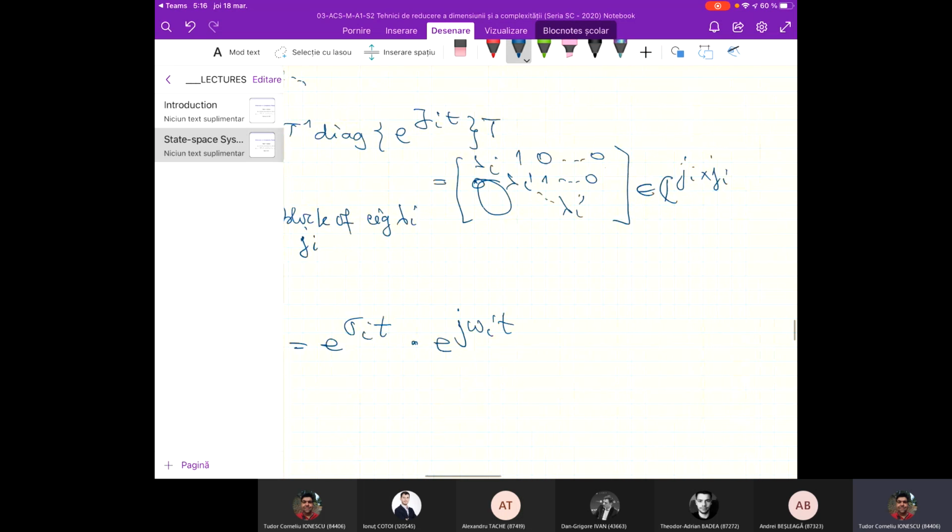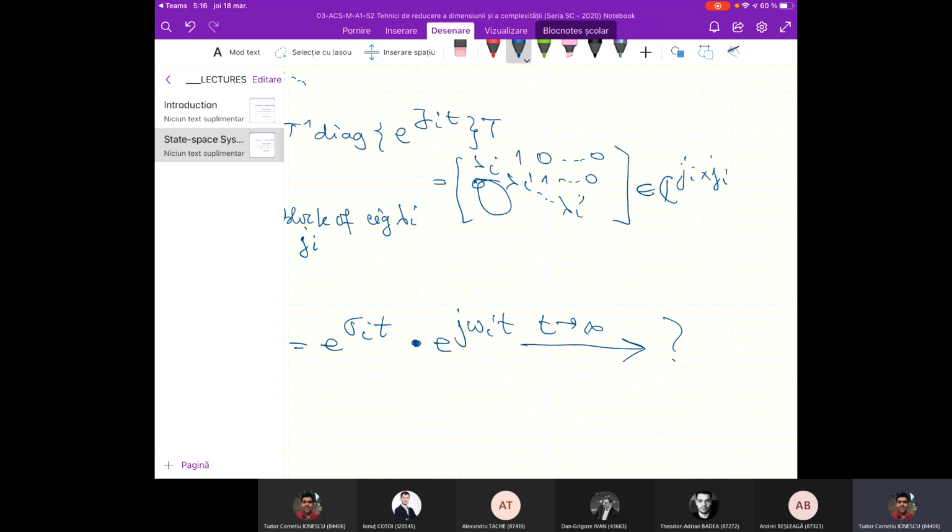Now, when t goes to infinity, where is this going? Infinity? Not necessarily. We have two terms here, so we need to investigate the behavior of each term at infinity.